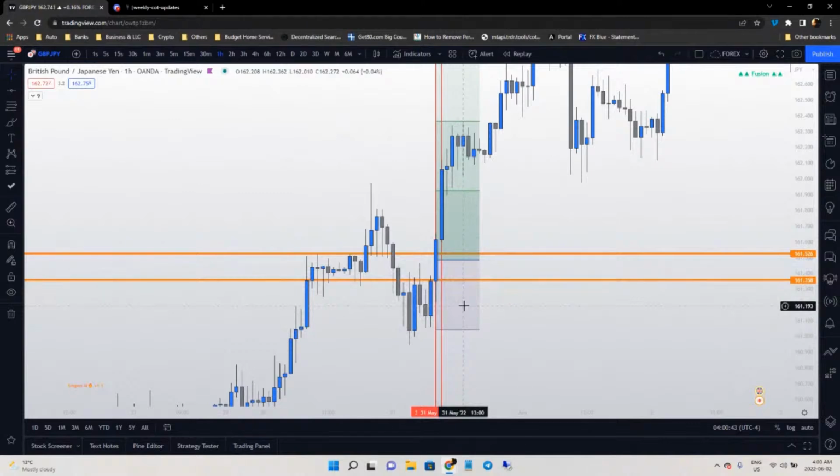Okay, so the framework of what I'm doing is that I'm making sure that I minimize my risk, as you see, to get a better stop loss based on my entry.